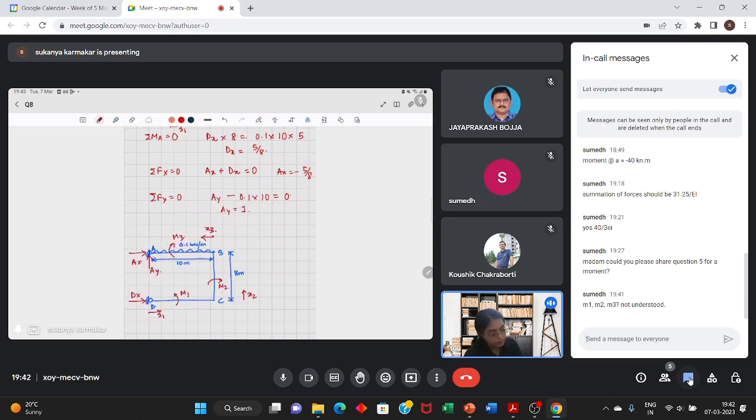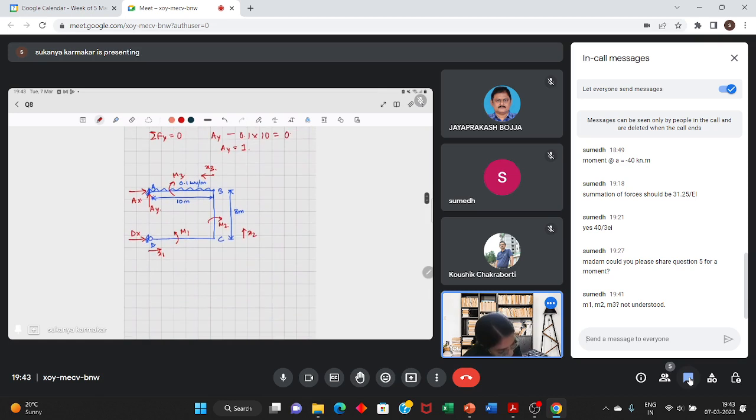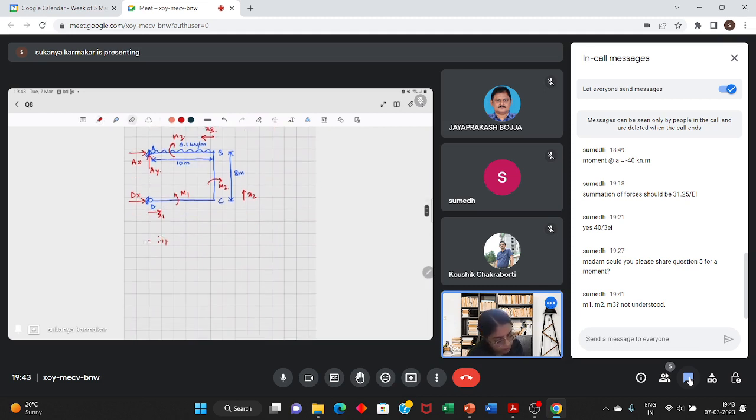M1 is the moment in the anti-clockwise direction, so I'll write it as minus M1. You are taking X1 from the support, from the left hand side.